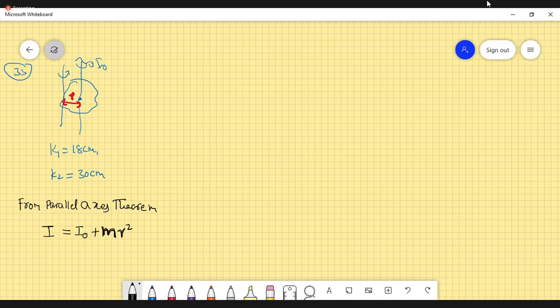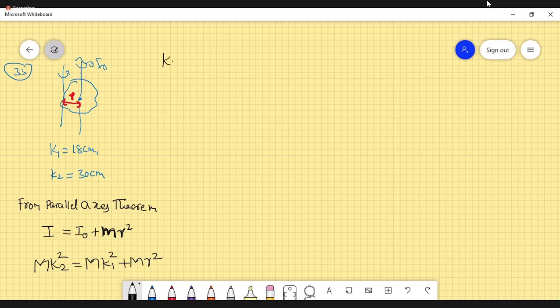Okay. So from this, what is the moment of inertia? Total mass into k2 square equals I naught, which is total mass into k1 square, plus total mass into the perpendicular distance between the two axes. M cancels.